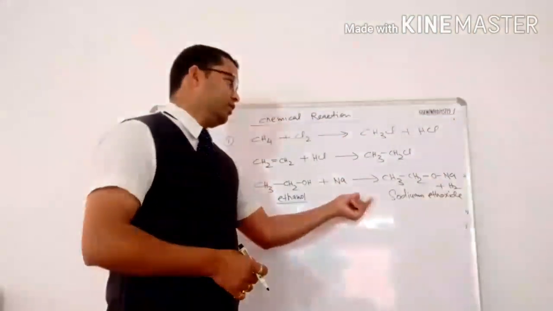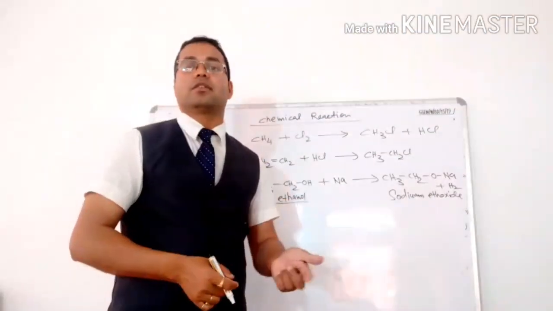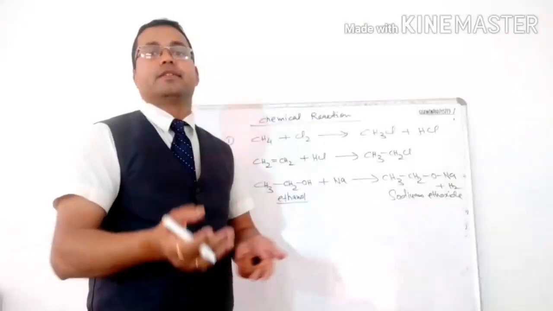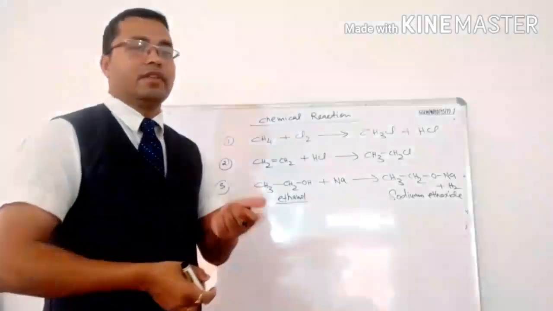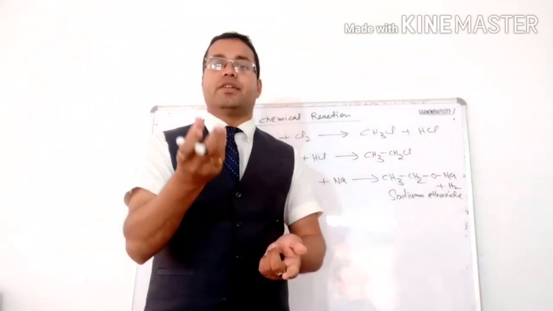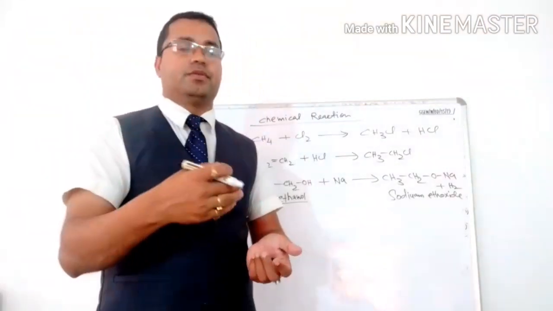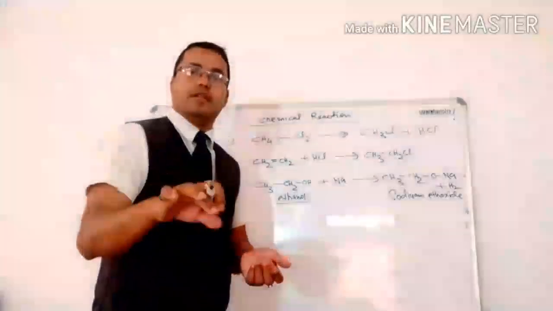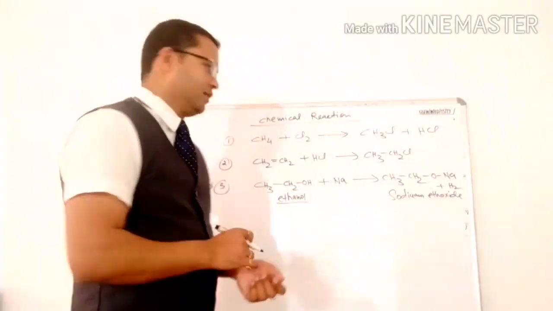With the help of this reaction we can test whether a given liquid is alcohol or not. If it is alcohol, after putting sodium metal we generally get hydrogen gas.